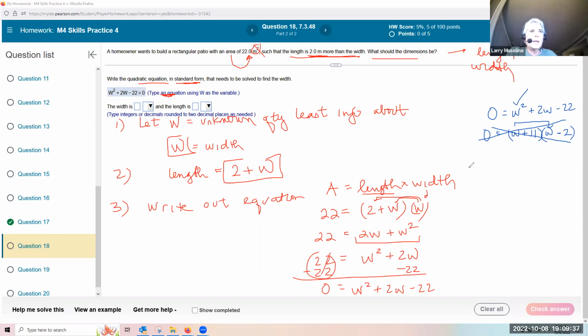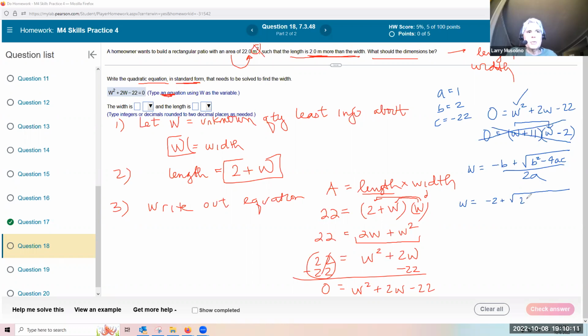I'm going to work out then w equals negative b plus the square root of b squared minus 4ac all over 2a. All right, well, in our example, a is 1, b is 2, and c is negative 22. So let's go ahead and plug in. This is going to be negative 2 plus the square root of b squared.